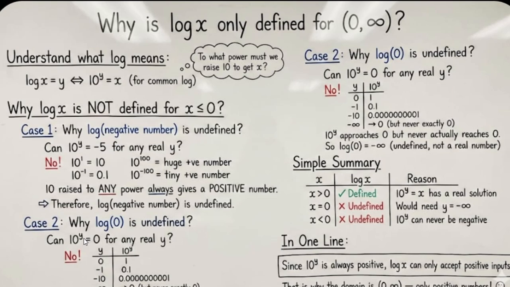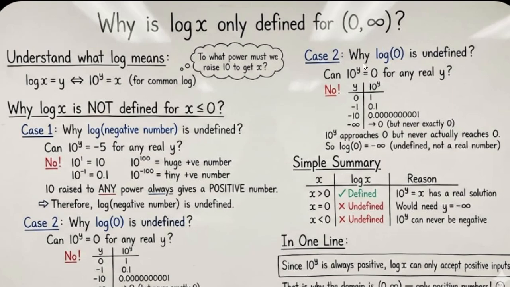If you take y equal to 1, you get 10. If you take minus 1, it tends toward 0, minus 10, and so on. Only as y goes to minus infinity does it tend to 0, but minus infinity is not a number we can use here. Therefore, the only possibility is that it is not defined at x equal to 0. It is only defined for x greater than 0. Therefore, log x is defined on the open interval 0 to infinity.